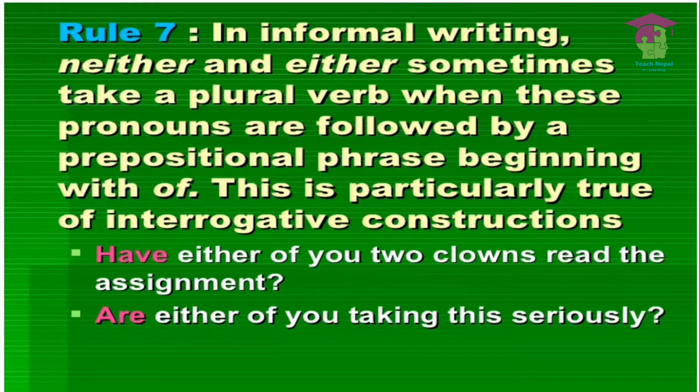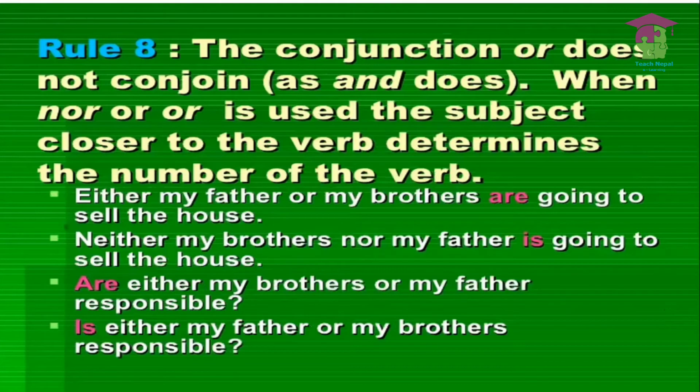This is particularly true of interrogative construction. भनेको question form गर्दा चाहिँ have either of you two clowns read the assignments, right? Or are either of you taking this seriously? In this way, of case आएकोमा चाहिँ of आएको prepositional phrase of आएको केसमा चाहिँ there might be sometimes the plural verb, but this is in informal writing.